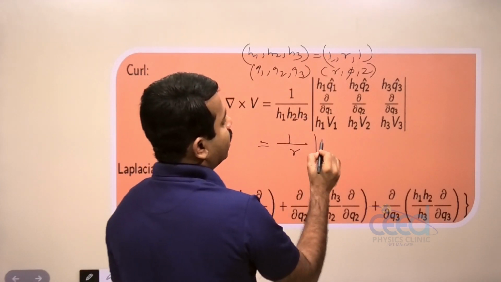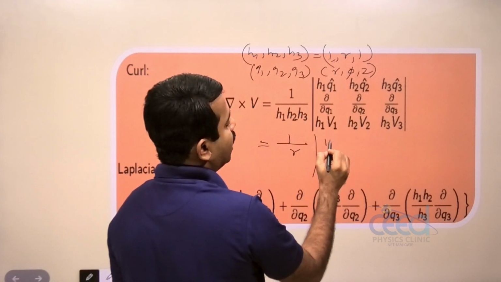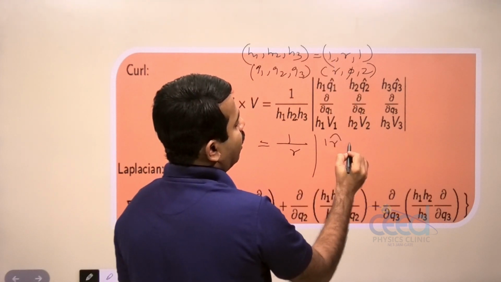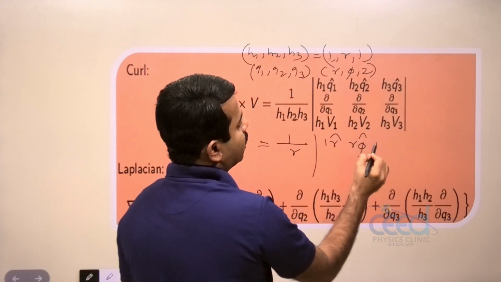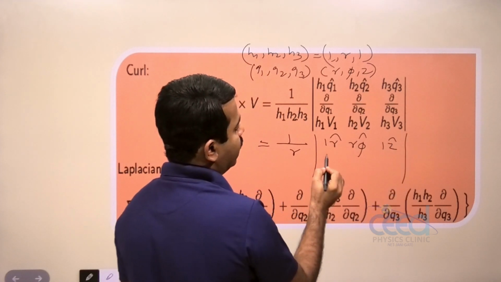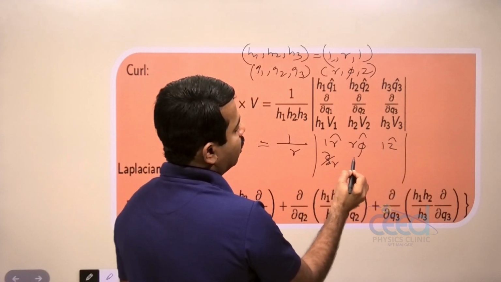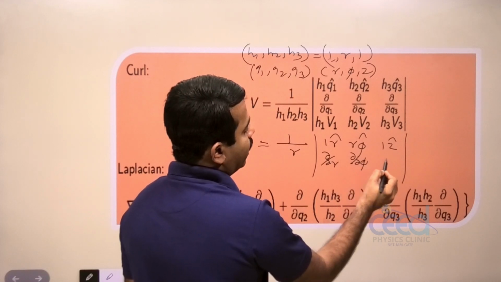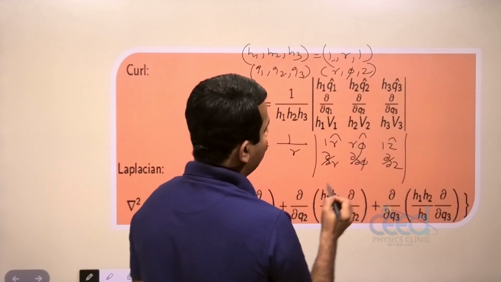H1 is again 1, right. Q1 cap is R cap, H2 is R, that is phi cap, and H3 is again 1, that is Z cap. Again dou by dou R, dou by dou phi, and dou by dou Z, right.